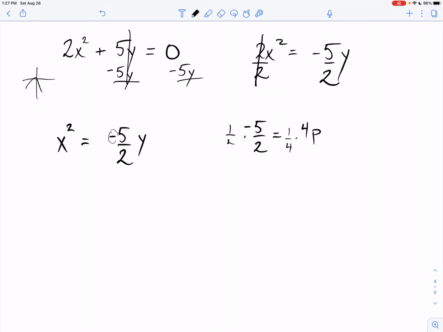So I'm going to do it this way, because I can do it in my head then without grabbing a calculator. If I do 1/4 times 4p, those cancel. I get p. If I do this, it's 1 times negative 5, and 4 times 2, that's 8. So what does p equal? Negative 5/8. Oh, that sounds horrible.